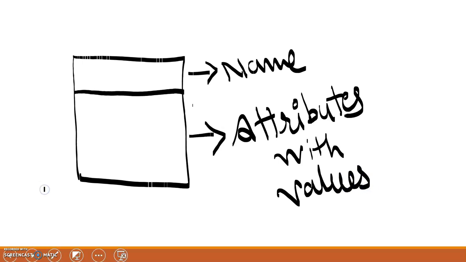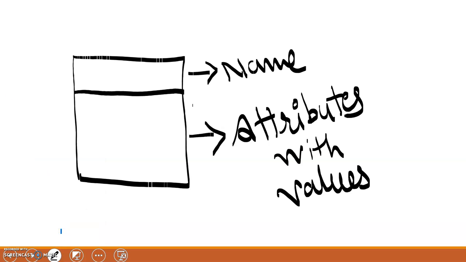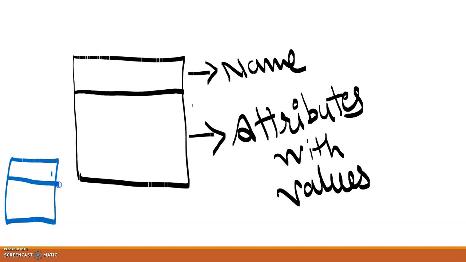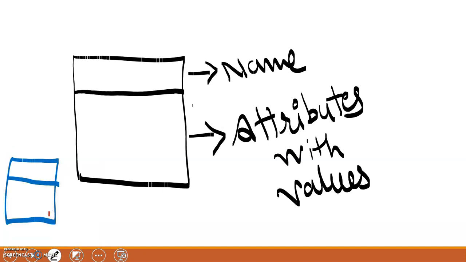Now if I have another object, let's say this is my another object, in that case I can use a line this way to show the connection, the relationship between 2 objects.